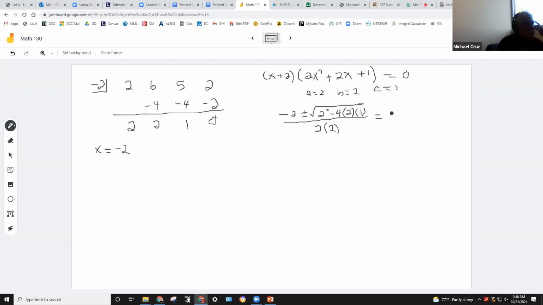All right, so that's -2 plus or minus, and I'm going to just do all this inside. 2 squared is 4 minus 8. So it ends up having a -4 in there.